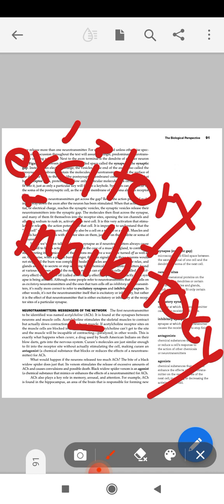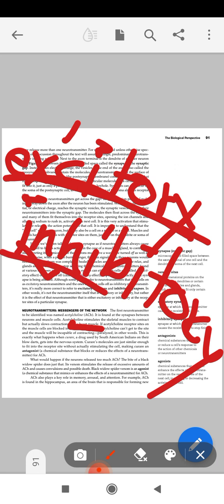If signal strength is enhanced, the transmitter creates an excitatory effect. And when it reduces the strength of the action potential, it is working as an inhibitory neurotransmitter. Very simple definition.